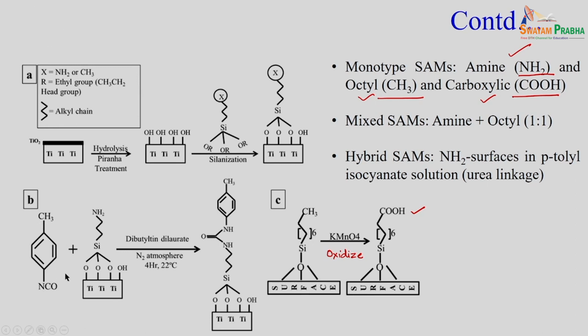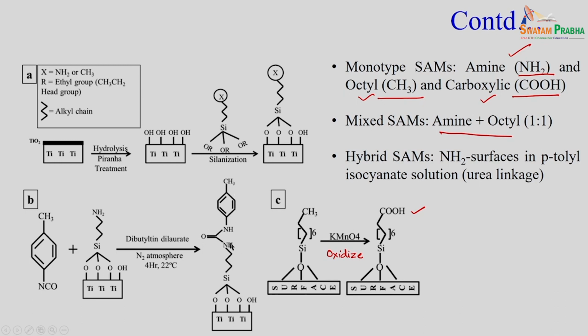Now, we have also prepared a mixed SAM, where both the amine as well as the octyl group are in the solution, so we will have both amine and octyl group on the surface. In case of the hybrid SAM, the amine SAM was first formed, then it was reacted with para-toluyl isocyanate, which ended up with the urea linkage NHCONH.